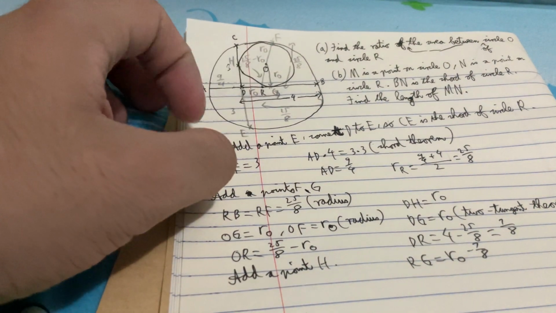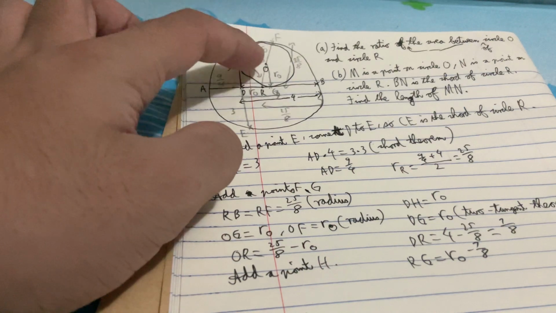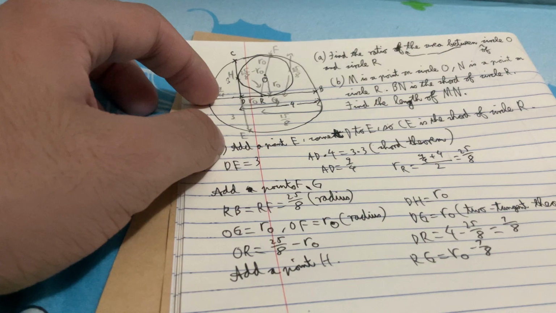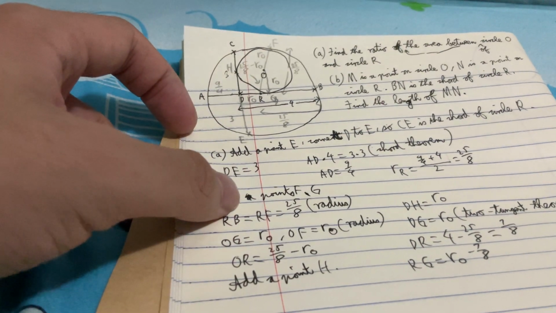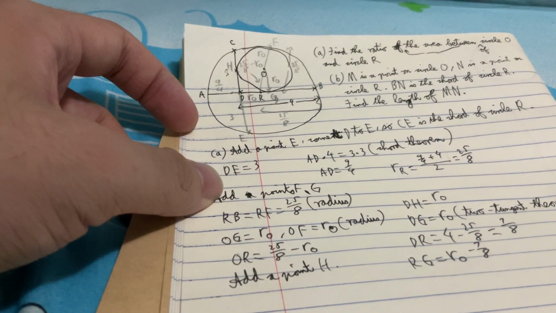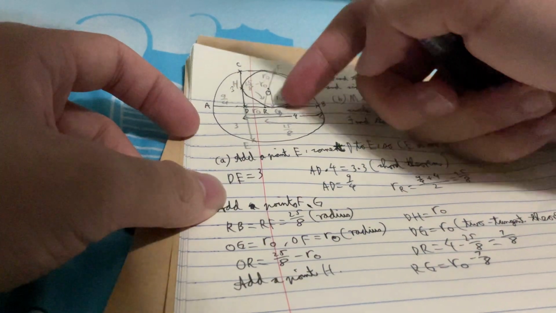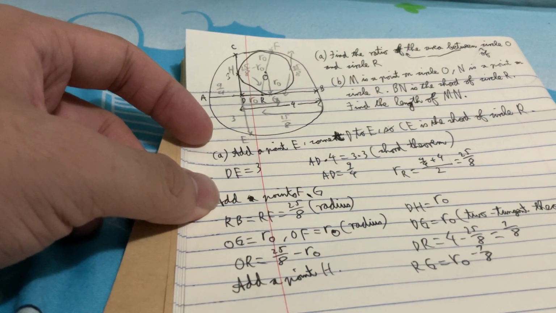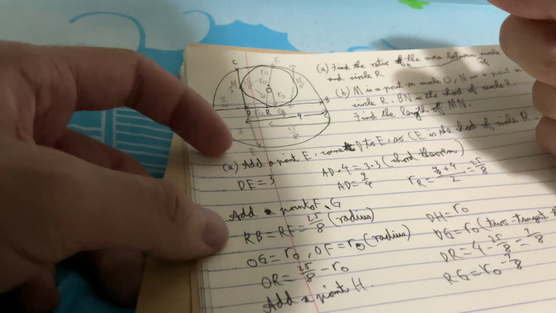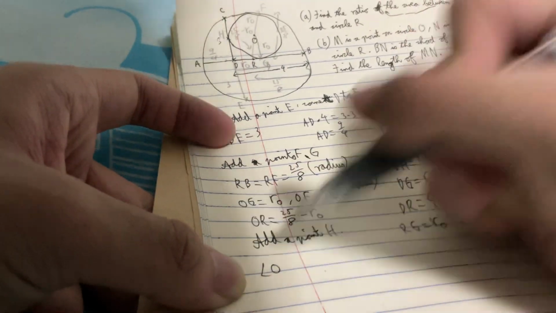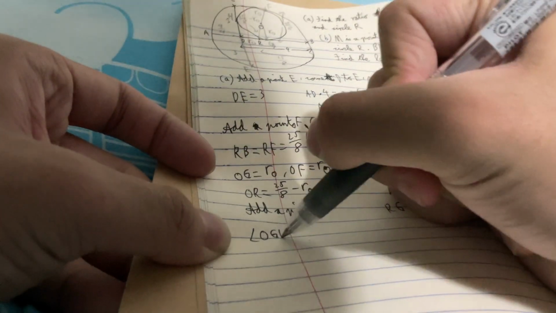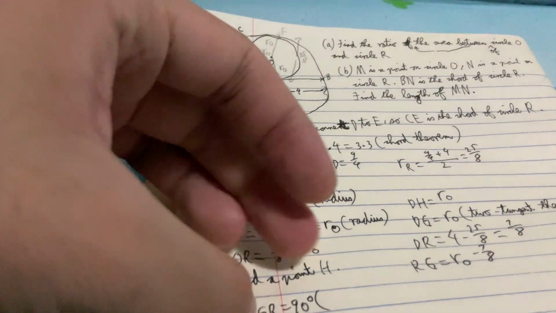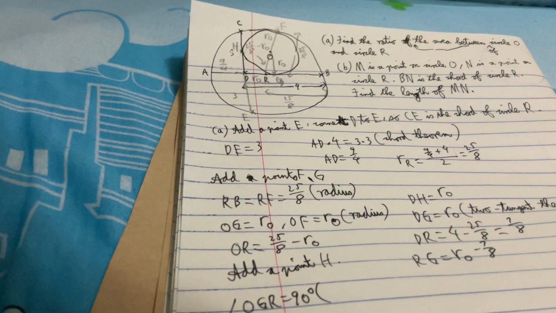So we already know the length of RG and RO, and also know the length of OR. And the last thing we are going to do, before using the Pythagorean theorem, is prove OGR is a right angle, so we can use our Pythagorean theorem. How can we prove it? Well, yes, our angle OGR is equal to 90 degrees because of this theorem.